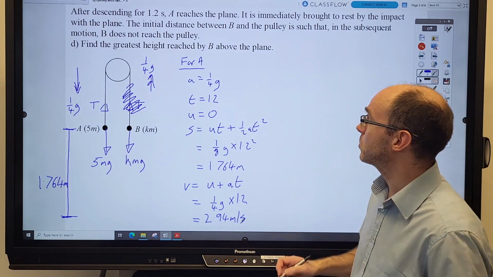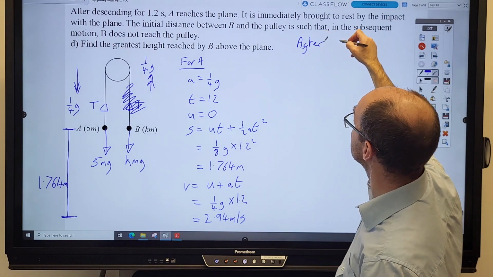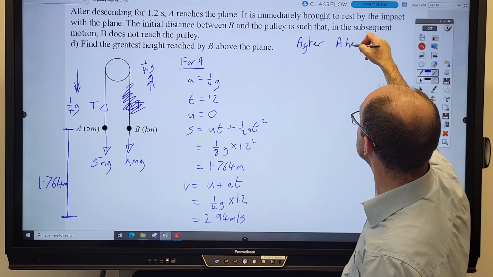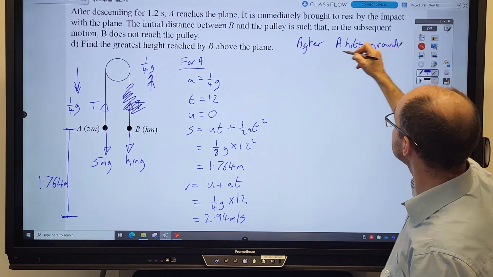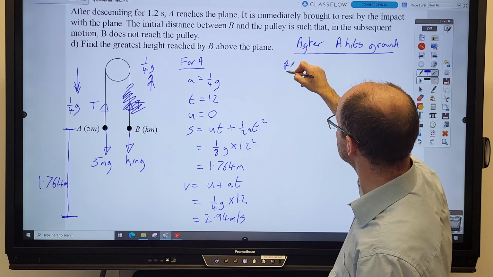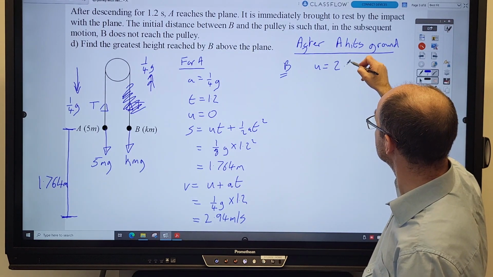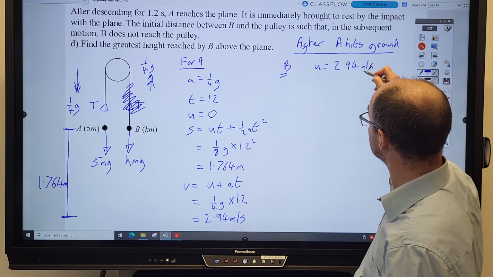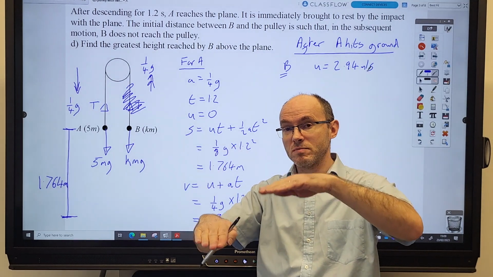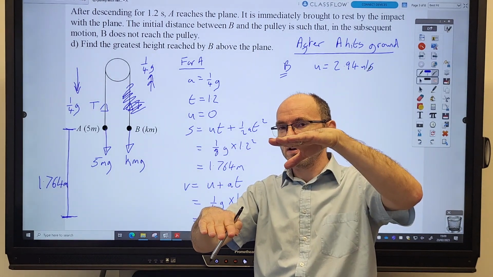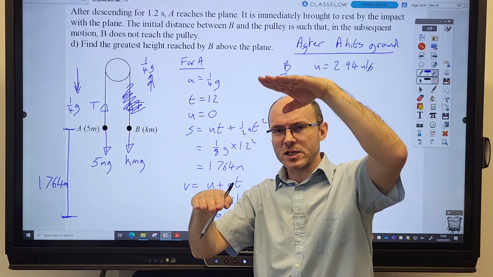So what that means is, after A hits the ground, B is moving with speed u equals 2.94. You happy with that? So after A hits the ground, B is now moving at 2.94 meters per second, and that's the initial speed we're going to take for the next bit of motion.